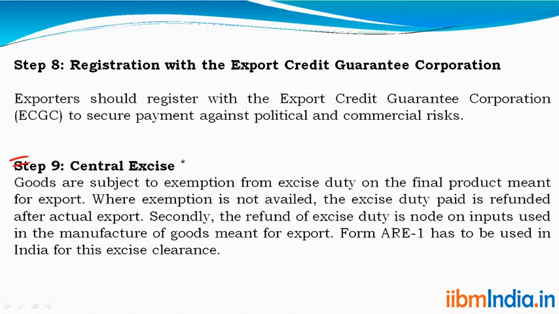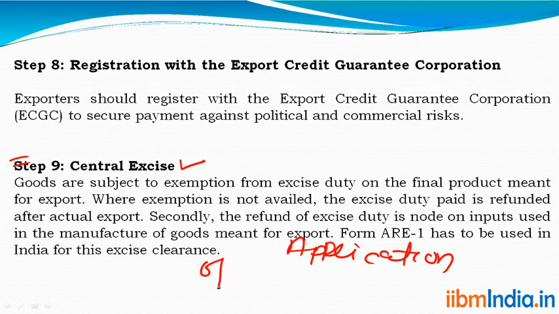Step 9 is called central excise. Goods are subject to exemption from excise duty on the final product meant for export. Where exemption is not availed, the excise duty paid is refunded after actual export. Secondly, the refund of excise duty is not on the input used in the manufacture of goods meant for export. Form ARE stands for application for removal of excise.